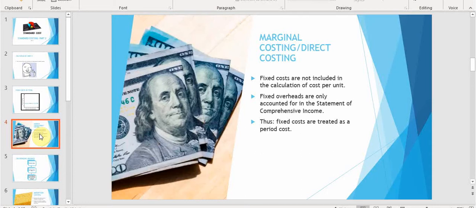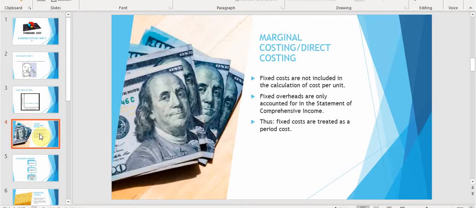So these are two different costing systems that you would have learned about in your second year, but they will now influence the type of calculations that you perform when a standard costing question is calculated, especially in terms of your fixed cost. So the first costing system that we can tell you in the question, and it must be told in the question, you cannot assume, but the first one that we will tell you is marginal costing.